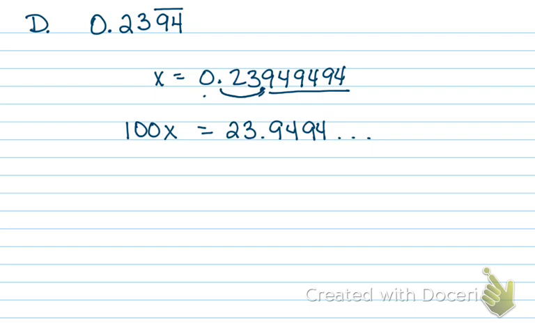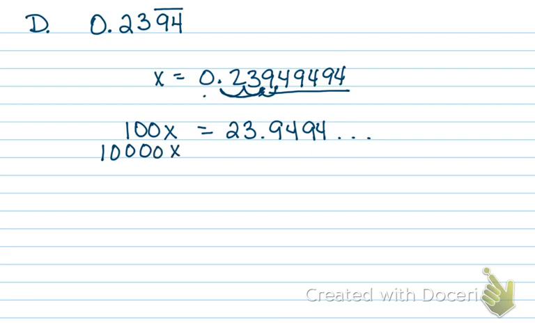Well, we went by 100, and going by 10 would only get us 2.39, and the recurring decimal part would not be the same. And if we did 1,000, this would be 1, 2, 3. Then we'd have 4949, and that's not the same as 9494. So we have to go to 10,000. So 10,000x.